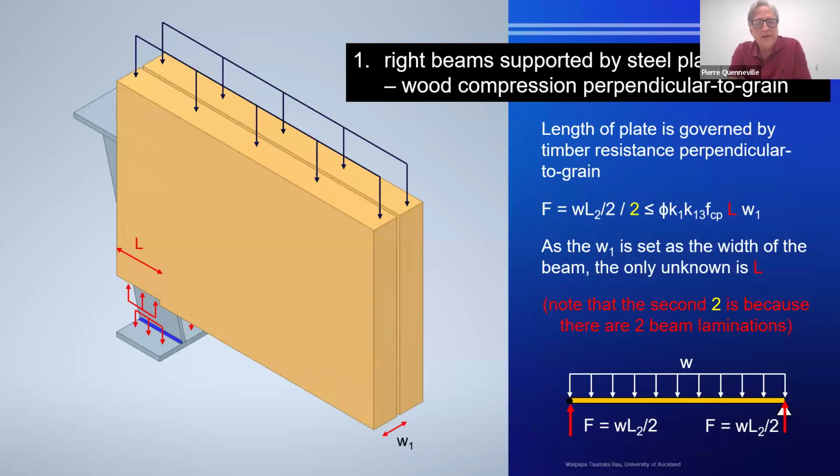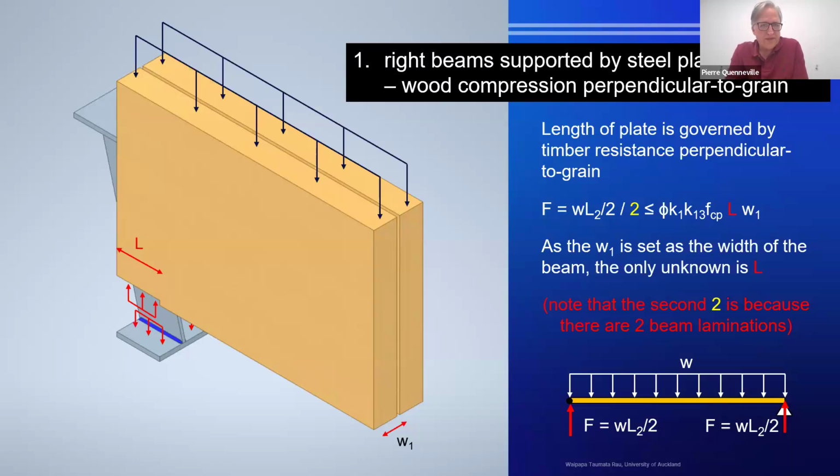So when we look at the system, we have our supported beam, and it is resting on the bottom of the bracket. The length of the bearing plate needs to be designed such that there's no bearing failure in compression perpendicular to grain.